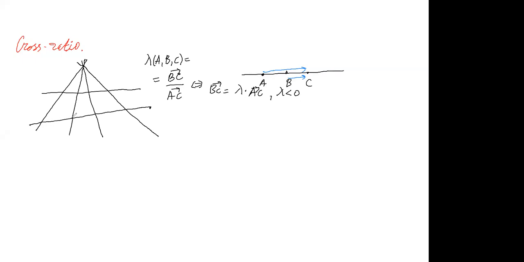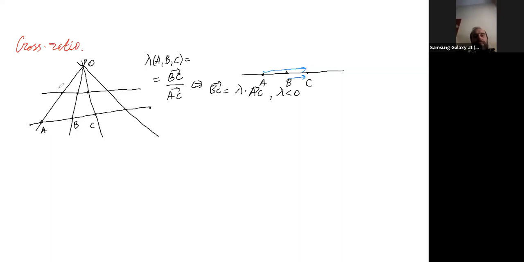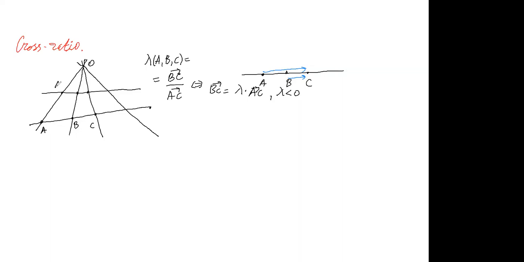We have 3 points here, A, B, and C. Then a projective transformation is given by looking from this point O at the straight line ABC and seeing that it is the same as a straight line A1, B1, C1. And it is clear that this ratio is not preserved if you go from ABC to A1, B1, C1.